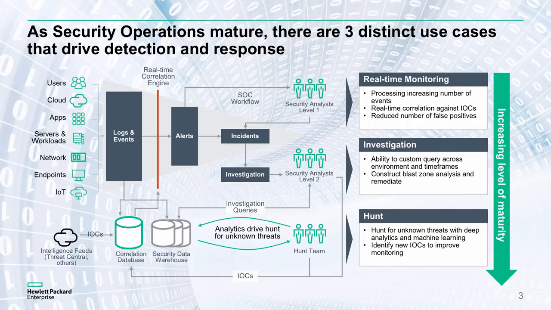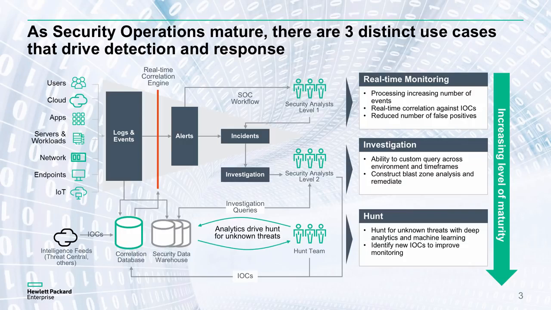So Arcsight provides a number of key components within that. It's providing the ability to collect that log data and event information from applications and systems. It's providing the ability to use that correlation warehouse database capability to understand what's going on. It's providing that real-time correlation. It's also providing an element of the workflow around the alerting, around how that's going to go to the analysts, how they do that investigation, trapping the information of what they're doing, having case management, and even providing an ability to feed that on as an investigation process.